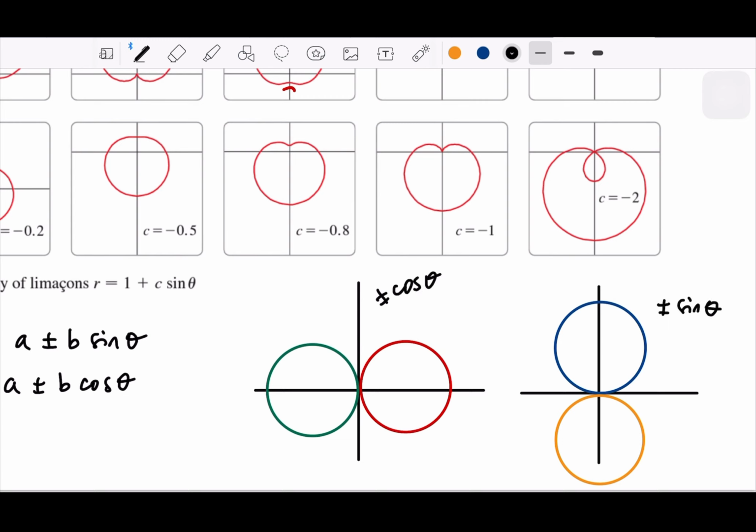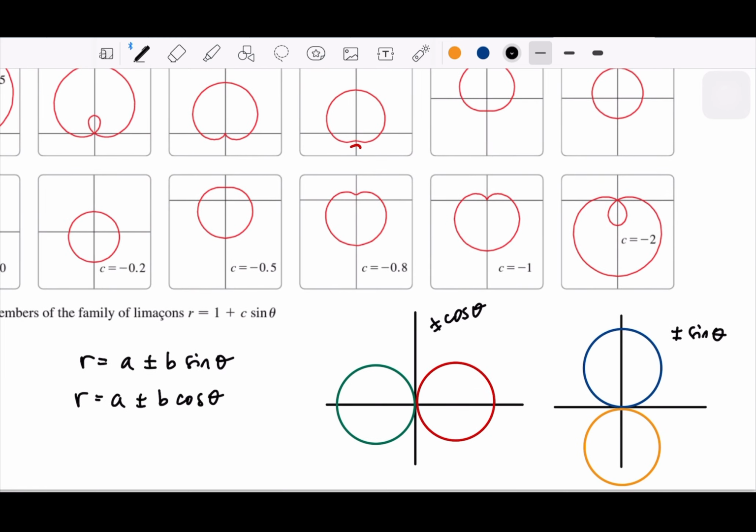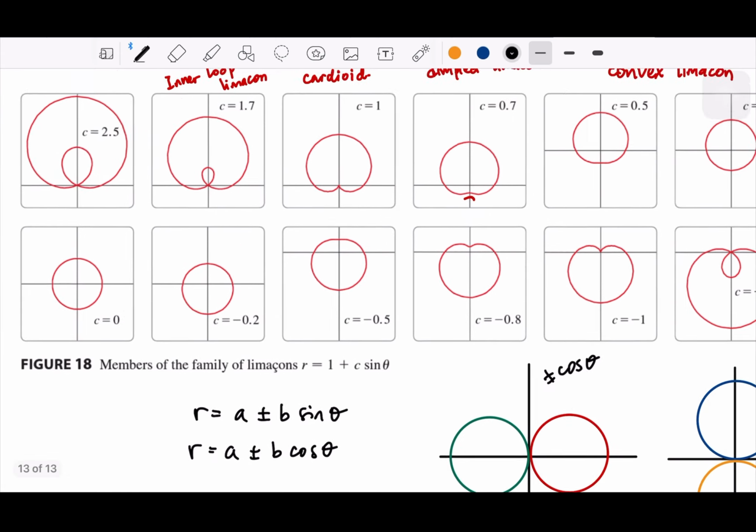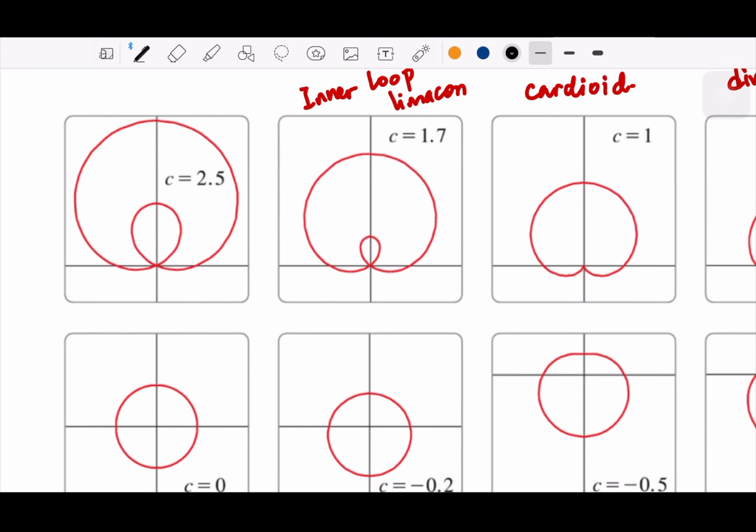And the plus and minus terms will also appear in the limaçon or the cardioid. If you see it has much more portion in the top, then it should have plus, maybe 1 plus something or 2 plus something sine.